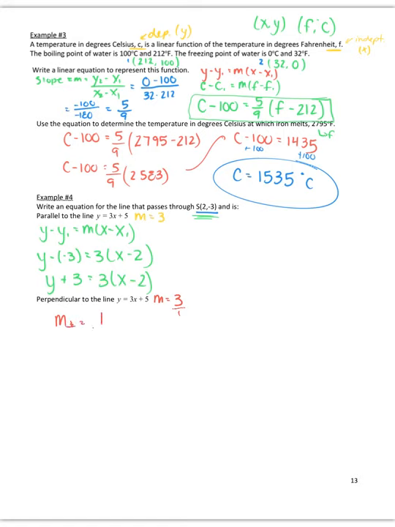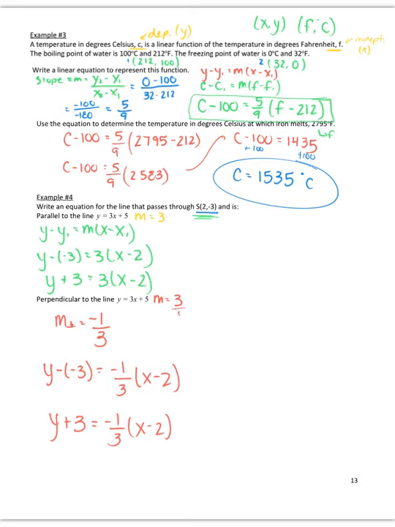The reciprocal is 1 over 3, and make it the opposite sign. Subbing into our equation, we get y minus negative 3 is equal to negative 1/3 times x minus 2. So we're left with y plus 3 is equal to negative 1/3 times x minus 2.